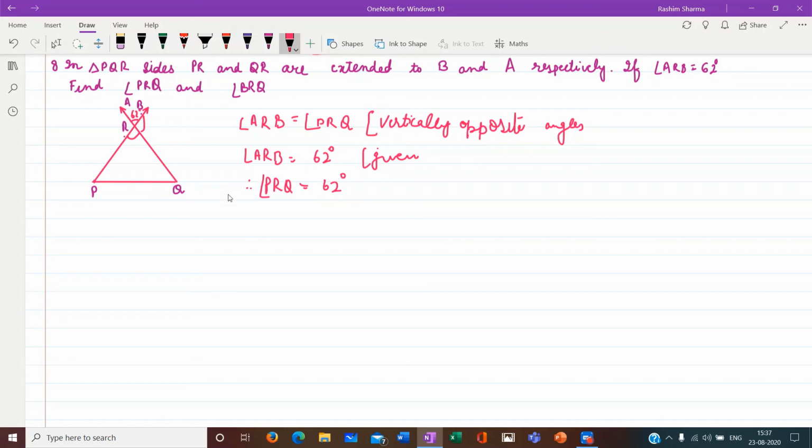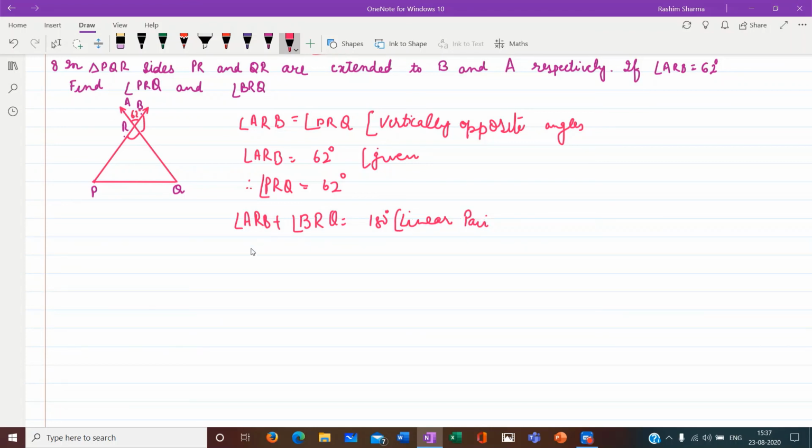Then the second angle we have to find is angle BRQ. Now we can see 62 degree and this BRQ are on a straight line. So we can write the sum of both equal to 180 degree. So we will write angle ARB plus angle BRQ is equal to 180 degree. Why is their sum 180? Because this is a linear pair.